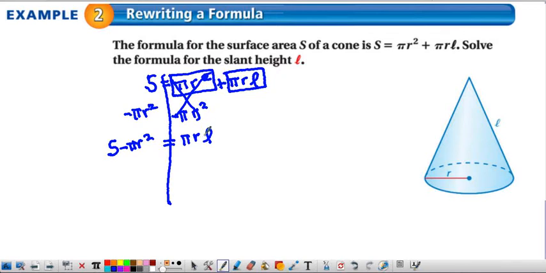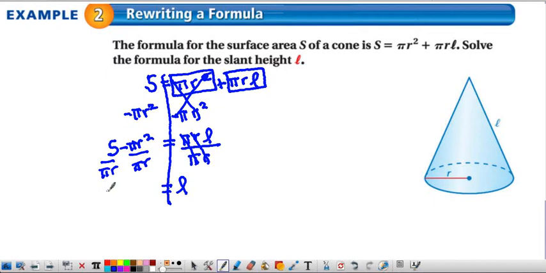Now over here, we've still got this times pi and this times r. They're being multiplied by this L. The inverse of multiplication is division. So we are going to divide by pi times r on both sides. Pi divided by pi is 1. R divided by r is 1. And so we're left with the L all by itself like we're supposed to.